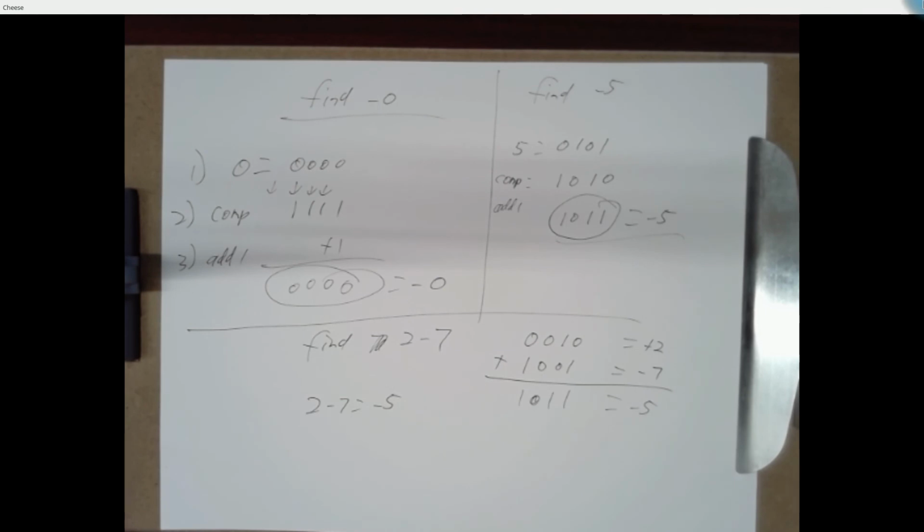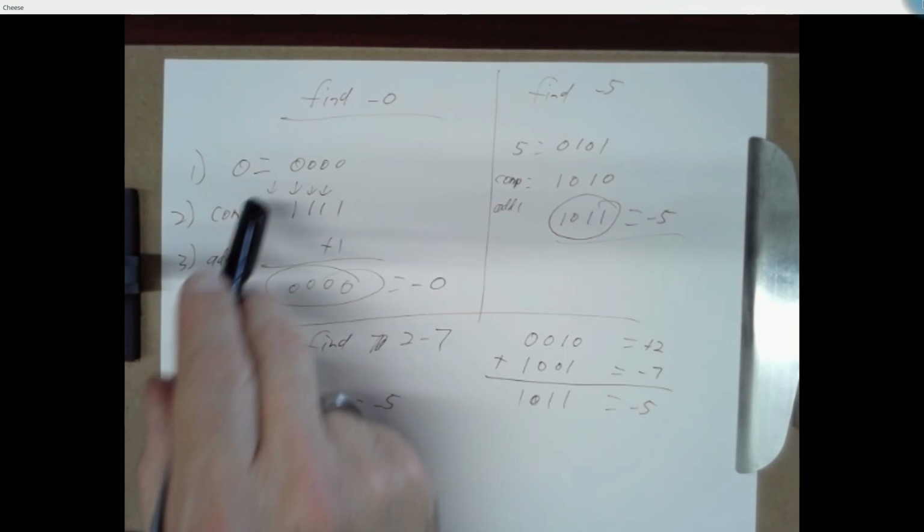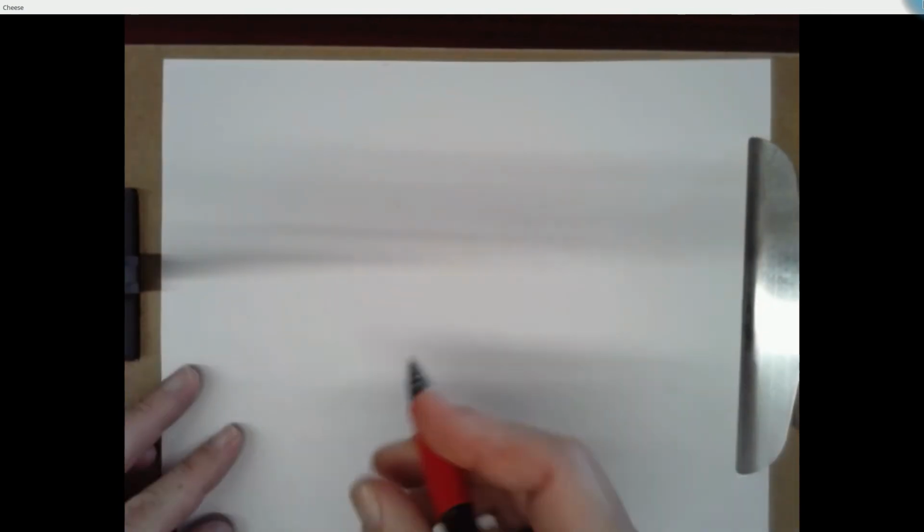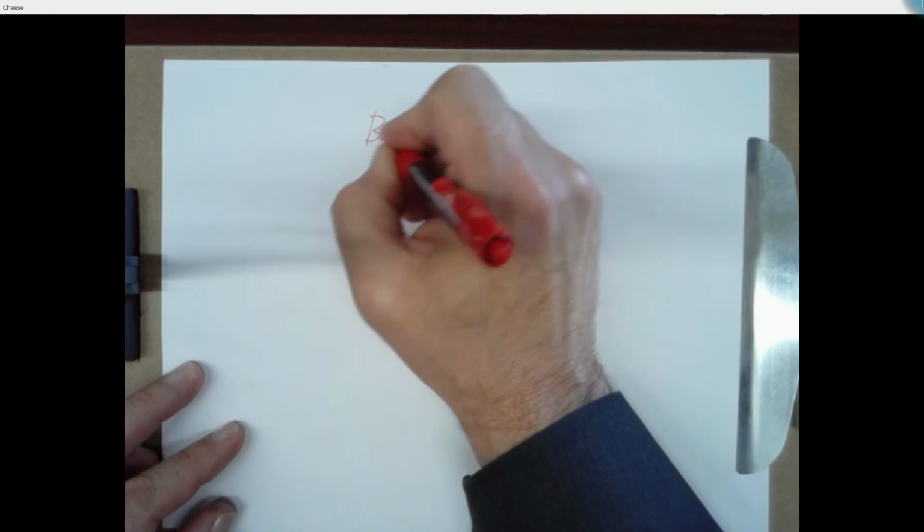So that just takes some practice to get used to, but the most important thing is to make sure you keep the same number of bits. Let me show you what happens if you don't. I'll do this in red because this means don't do this. So this is bad.